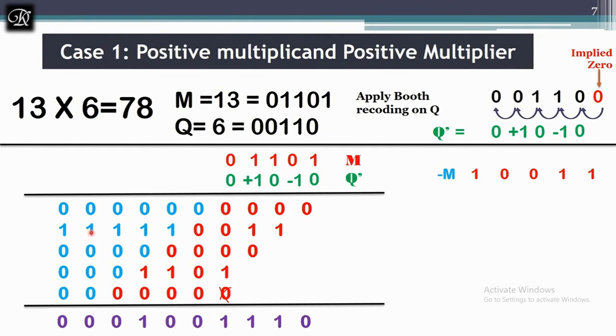Again 1 added with 1 is 1, 0, 1 is written here, carry will be 1. Again 1 plus 1 is 1, 0, 0 is written here, and 1 I have to write here, but I need not worry about that one because it is more than 2n bits. Whatever you get more than 2n bits, I don't have to consider. Here actually there should be a 1 according to this, but I don't have to worry about this because I have to consider only 2n bits. This is the 2n bit value I have got.